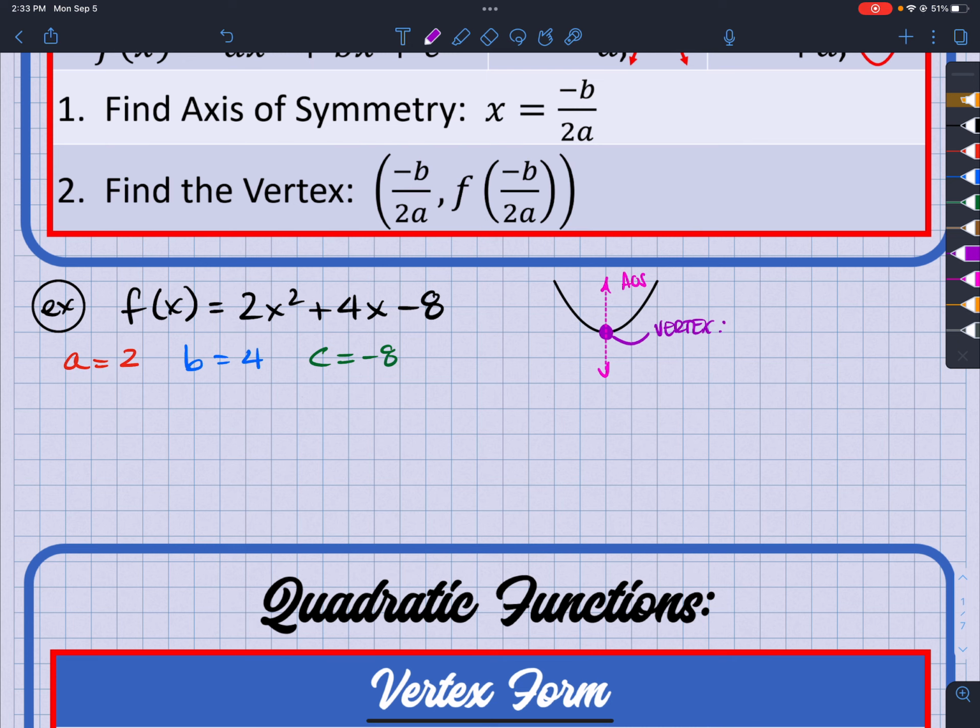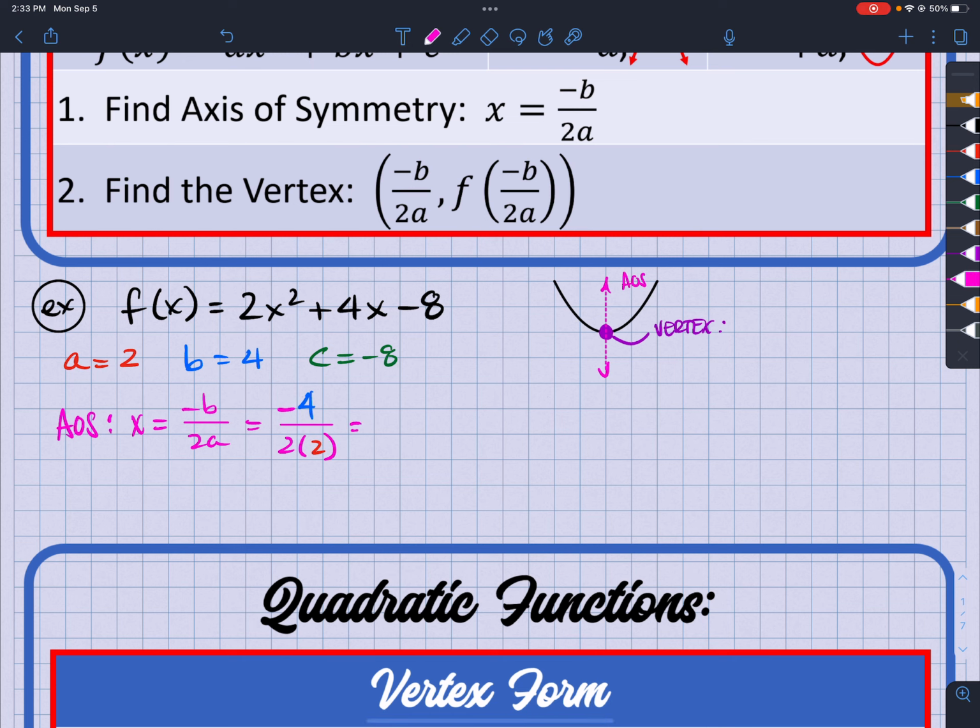To find the vertex, I have to first find the axis of symmetry. The axis of symmetry has a formula, which is x is equal to -b over 2a. So it'd be -4 over 2 times a, which is also 2.